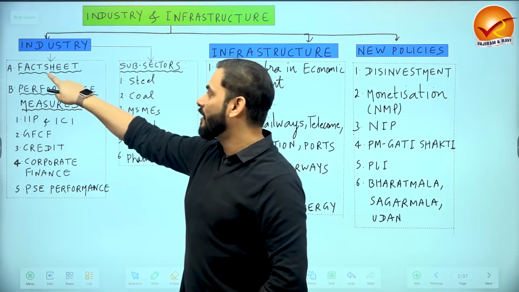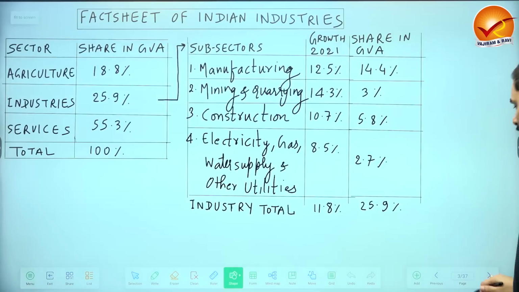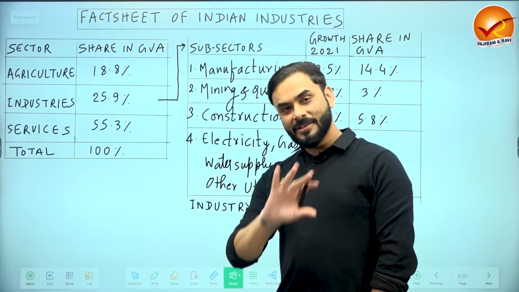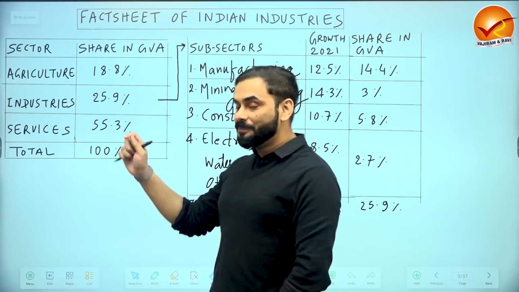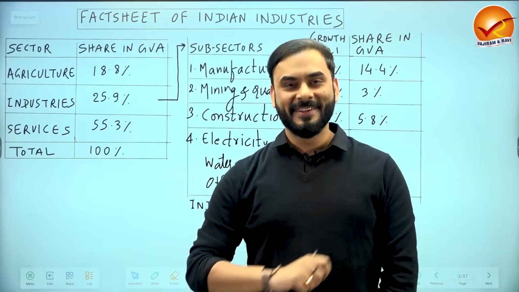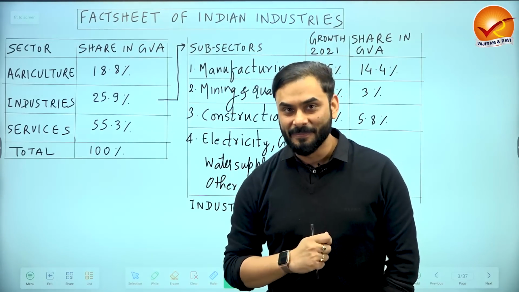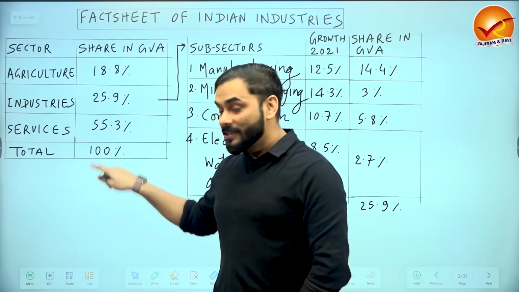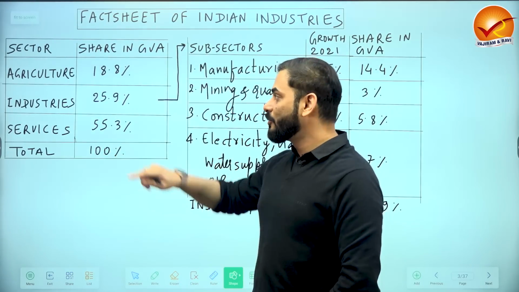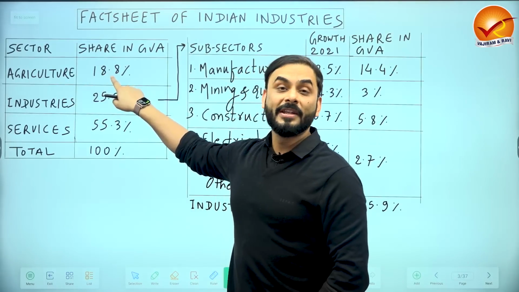Inside industry, let us start with the fact sheet. So guys, this is your fact sheet related to Indian industries. Let us see what is there. Whenever you earn income, it is called personal income, right? Whenever a country earns income, it is called national income. So, suppose the national income of India is 100 rupees. What is the contribution of agriculture in our income? 18.8%.